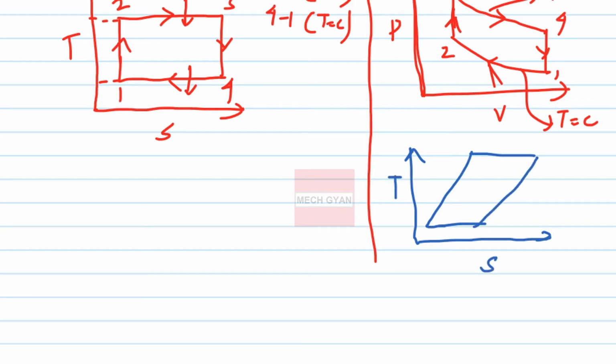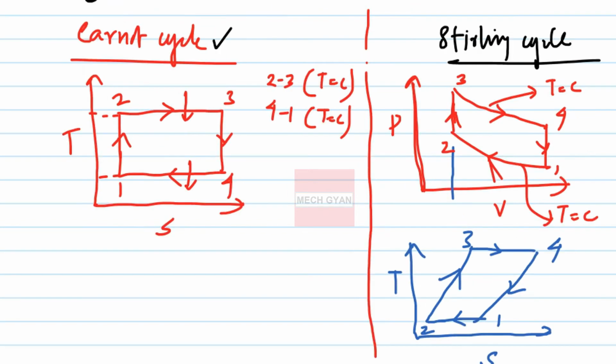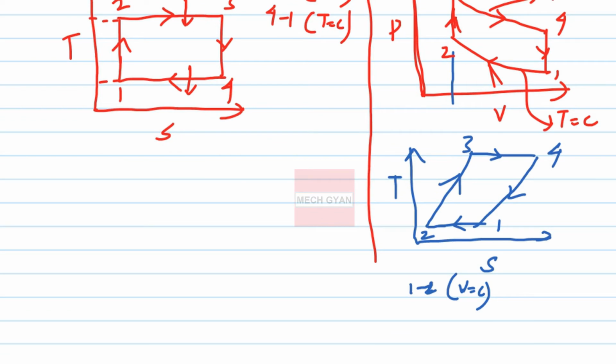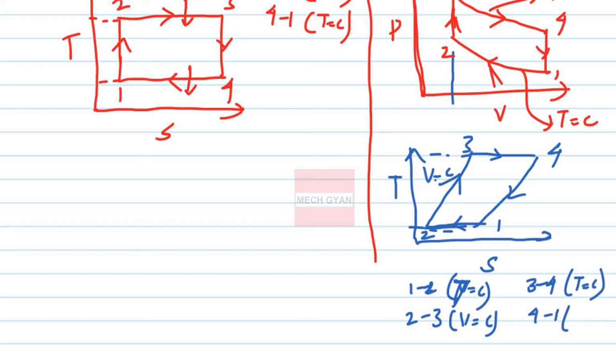This is T, this is S. Let's start with 1, 2, 3 and 4. 1 to 2 is constant temperature, 2 to 3 is constant volume, 3 to 4 is again constant temperature, and 4 to 1 is again volume equal to constant.